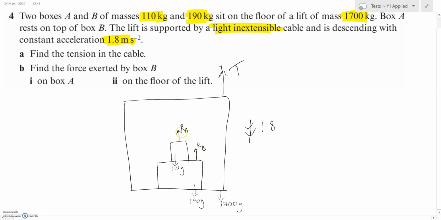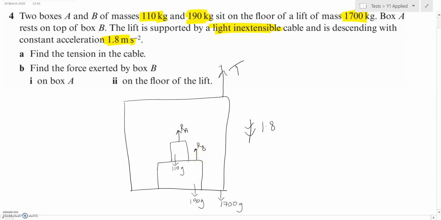So this RA, the reaction on A, must be the same force that A is exerting on B. And this RB must be the same force that B is exerting on the lift. So B is pushing down on the lift by a force equivalent to RB.